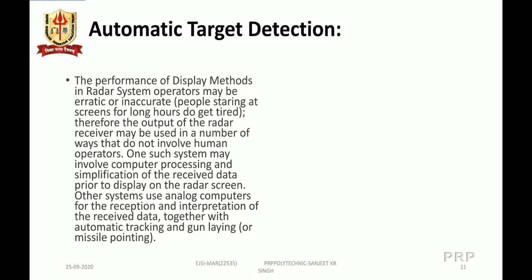One such system may involve computer processing and simplification of the received data prior to display on the radar screen. Other systems use analog computers for the reception and interpretation of the received data, together with automatic tracking and gun laying or missile pointing, that is, electronic countermeasures.